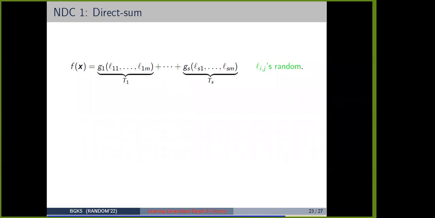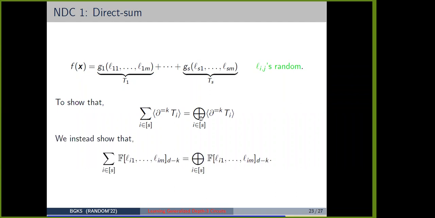So this is how our polynomial looks like, and we have that the Lij's are, let's say, random. We are not putting any assumption on Gi's right now, and we have to show that these vector spaces, which is the sum of these vector spaces, is actually a direct sum. And since we are not assuming anything on Gi's, we instead show that the polynomial ring up to degree d minus k that we get by having Lij's, this comes from Ti's, those form a direct sum.